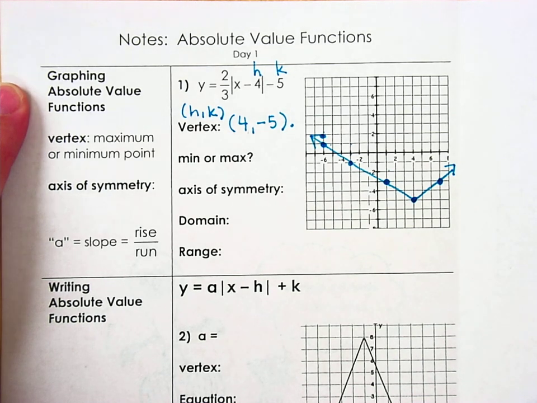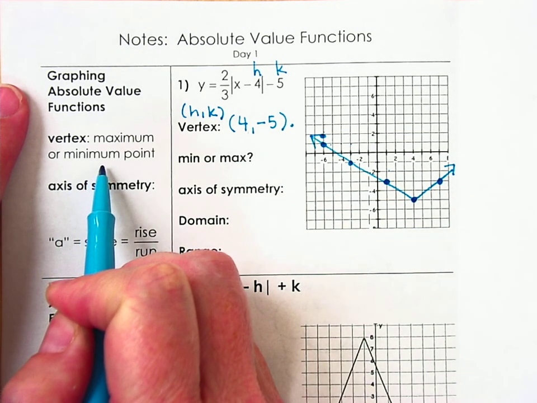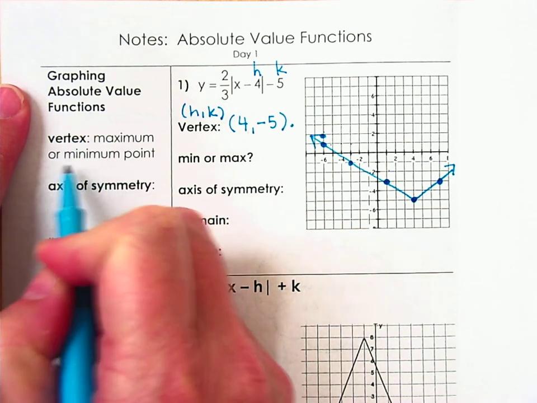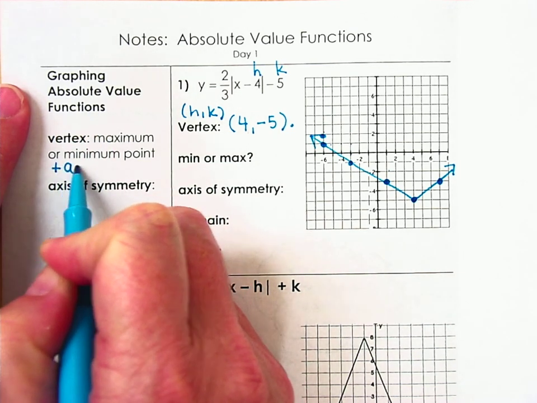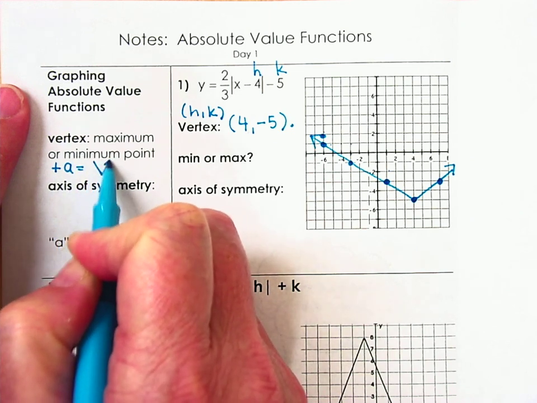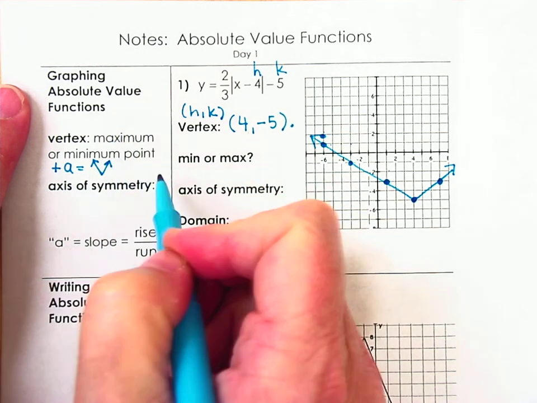Then I can answer some questions about the graph. So the vertex can be known as either a maximum or minimum point. When the A value is positive, then I get a minimum point because the graph is opening up, as with our standard absolute value.